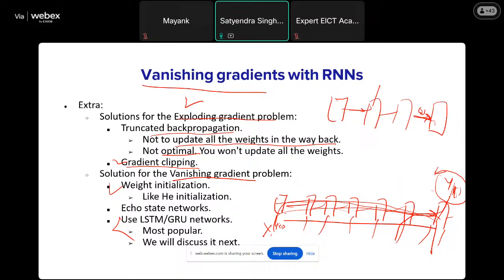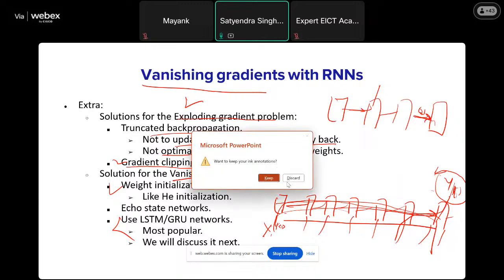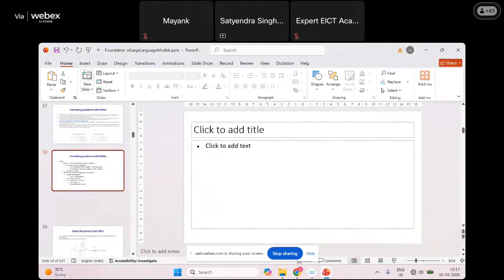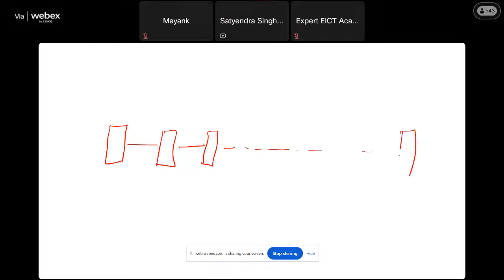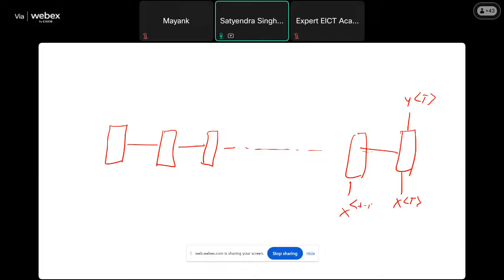So if you see here, let's say these are your RNN units and you have the last RNN unit.